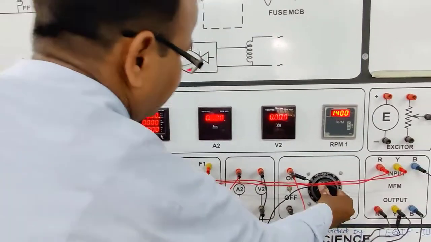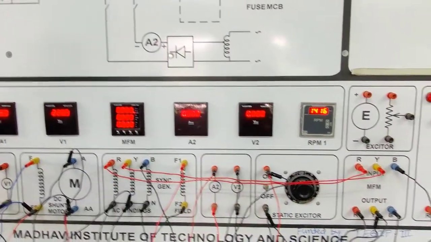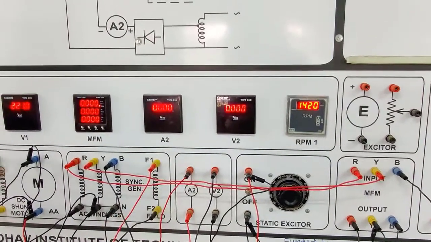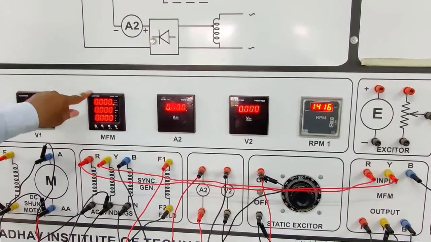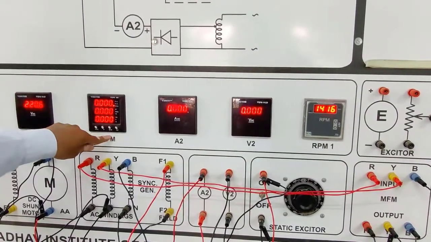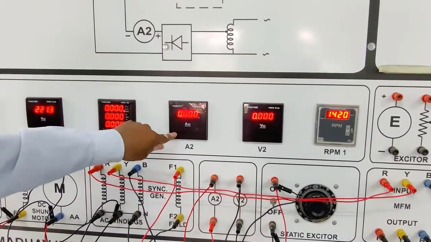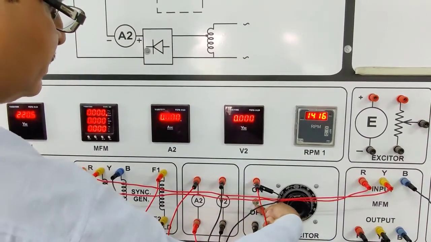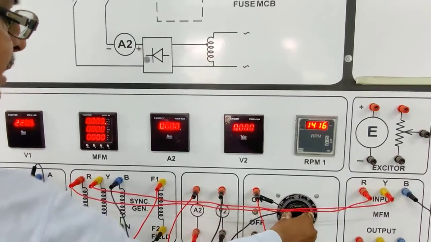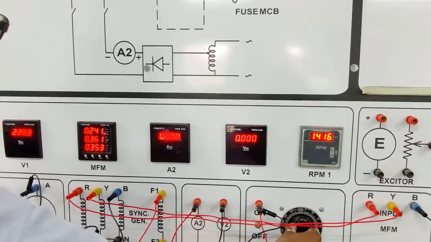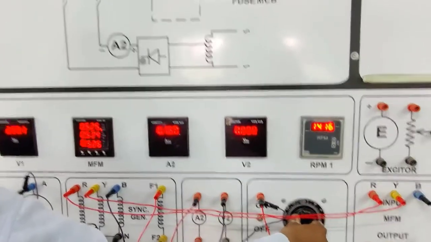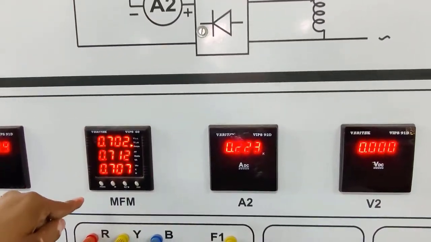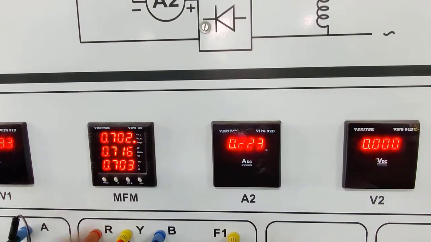Exciter is 0, DC excitation is 0, and again switch on and observe the reading of short circuit current with the help of multi voltmeter and field current with the help of A2 ammeter. So we start and increase the excitation. See that 0.6 and 0.7 ampere short circuit current and field current 0.2.